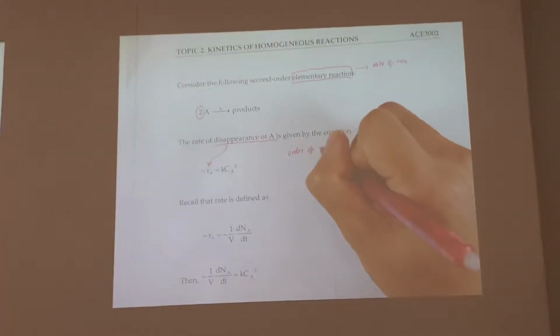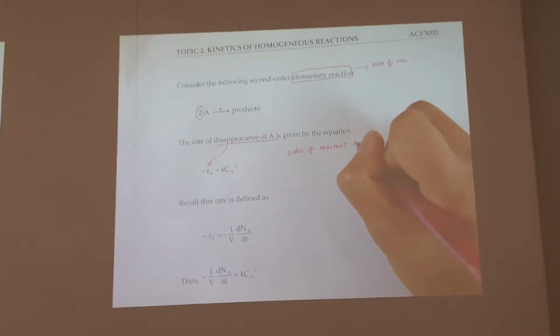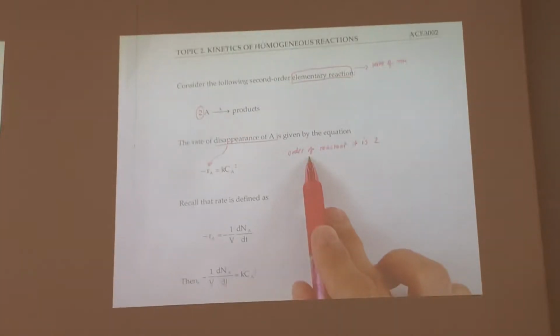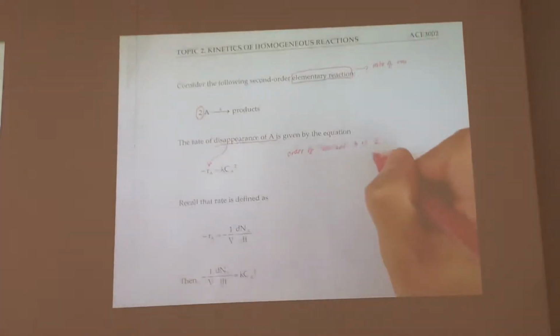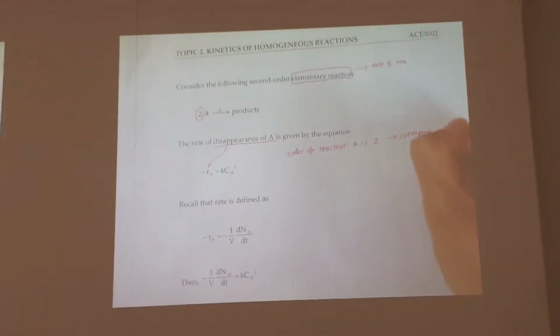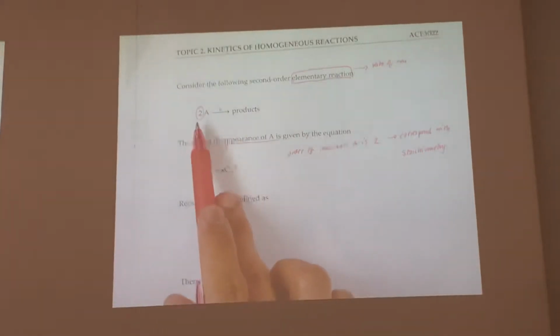The order of reactant A is 2. And we look at this now. The order of reaction corresponds with the stoichiometry.